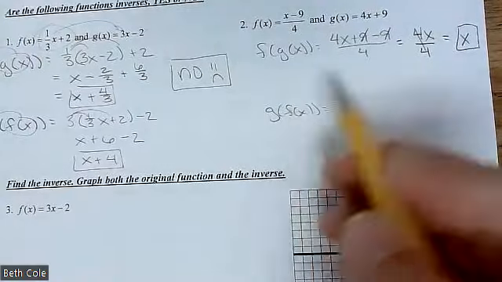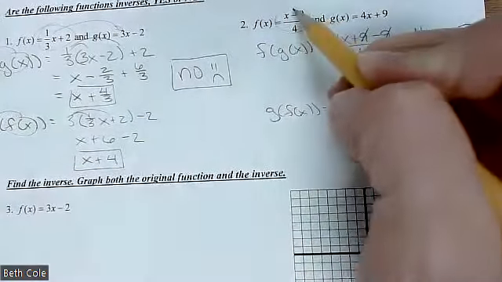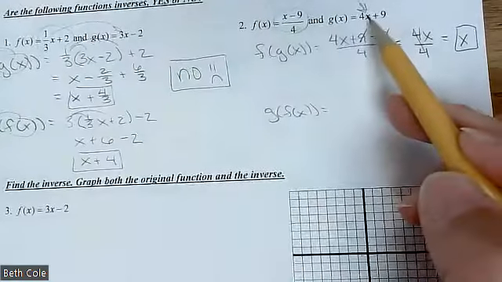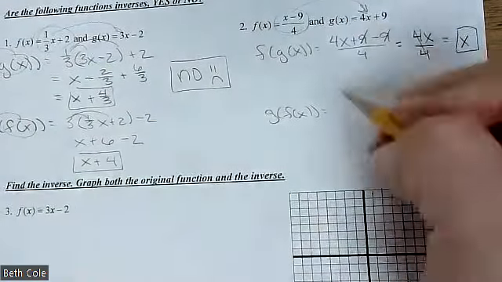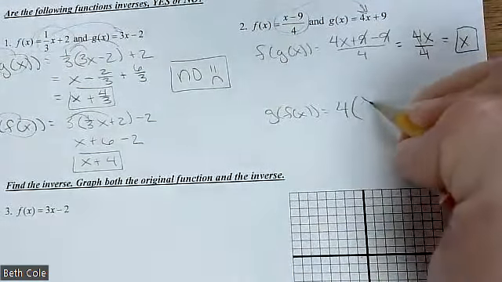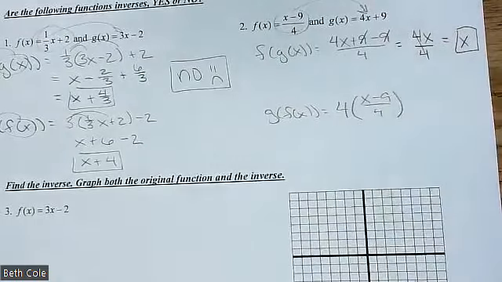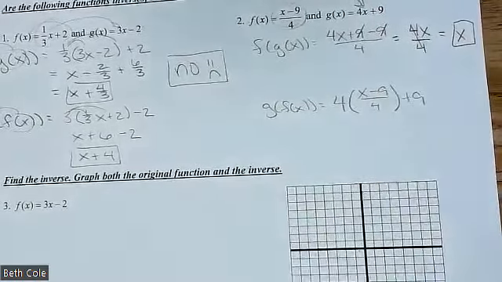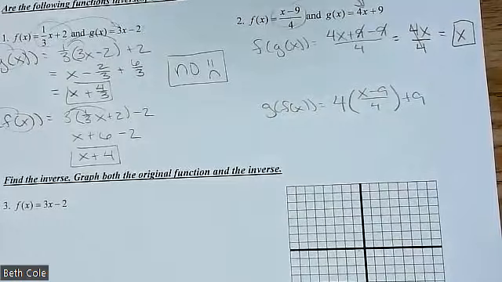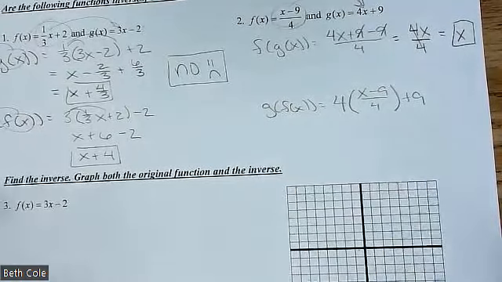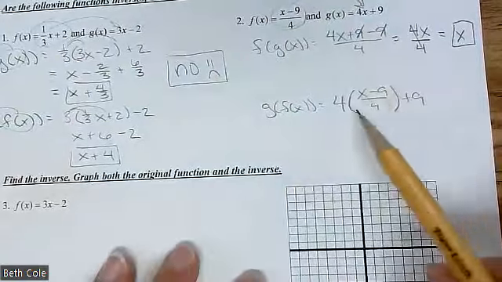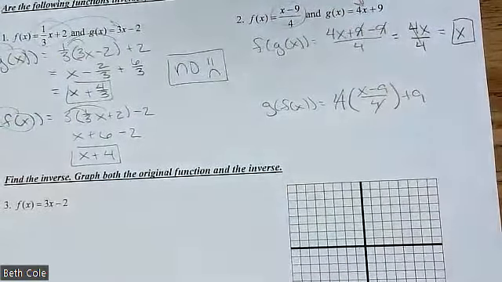All right, here F gets plugged into G. So this entire fraction is going to get plugged in over here. So that will give us 4 times this whole thing, and then plus 9. Everything's going to cancel in the opposite order this time. So what cancels first? Yeah, the 4s. Like up here, the 9s canceled first. This time the 4s cancel.